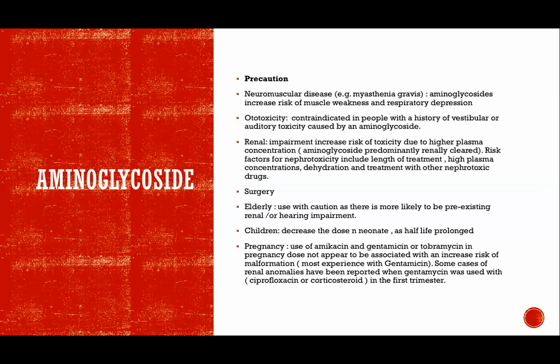The risk factors of nephrotoxicity include length of treatment, high plasma concentration, dehydration, and treatment with other nephrotoxic drugs. In elderly people, use with caution, as they are more likely to have pre-existing renal impairment. In children, decrease the dose in neonates as the half-life of this medication can be prolonged.